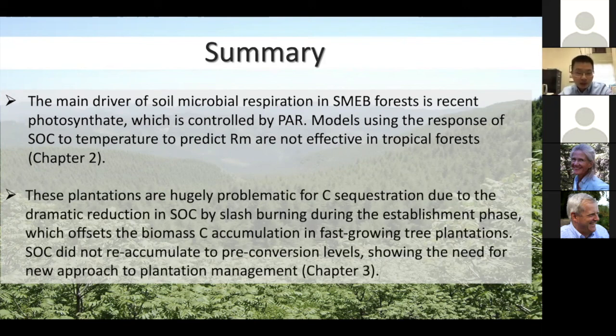And second, we all know that fast-growing tree plantations are considered an important carbon sink for fighting global change.